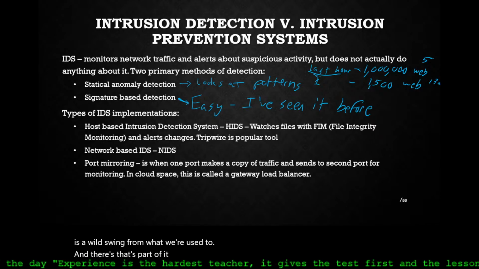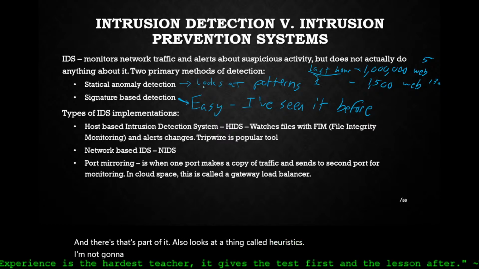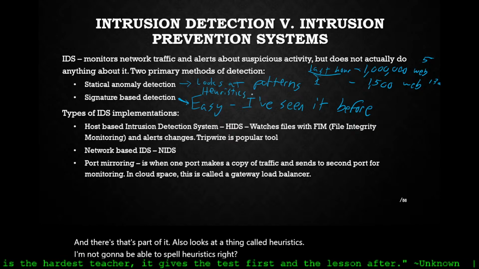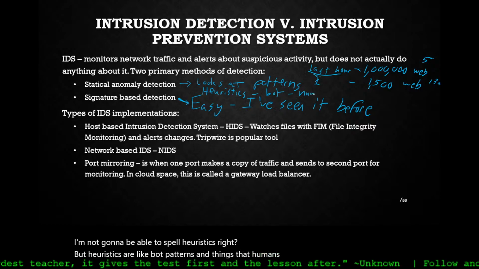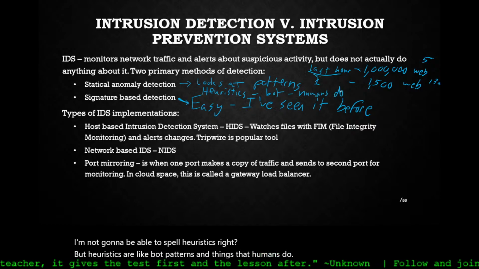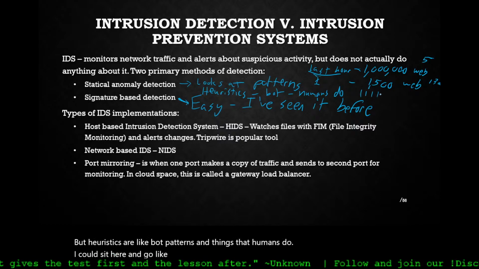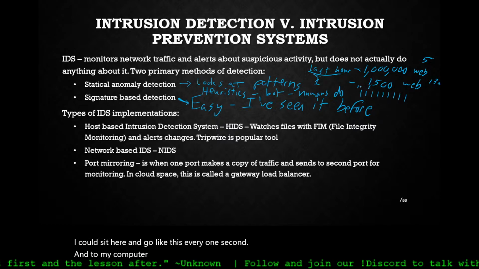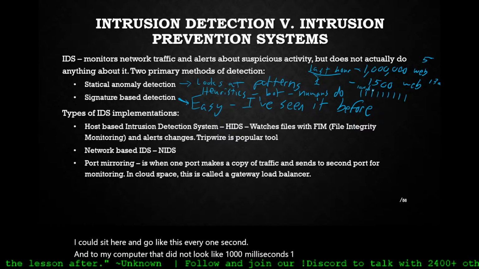It also looks at a thing called heuristics. I'm not going to be able to spell heuristics right. But heuristics are like bot patterns and things that humans do. I could sit here and go like this every 1 second. And to my computer, that did not look like 1,000 milliseconds, 1,000 milliseconds, 1,000 milliseconds.